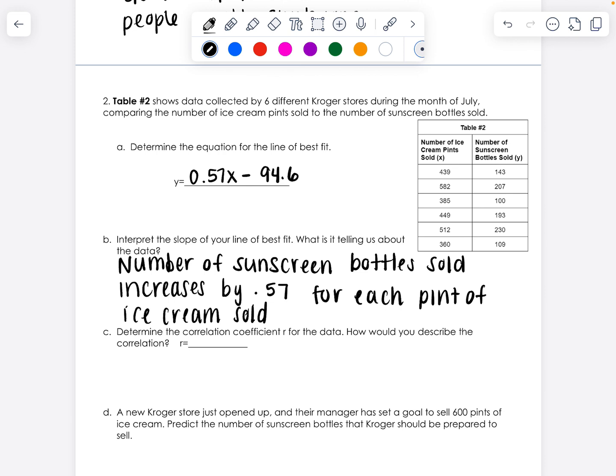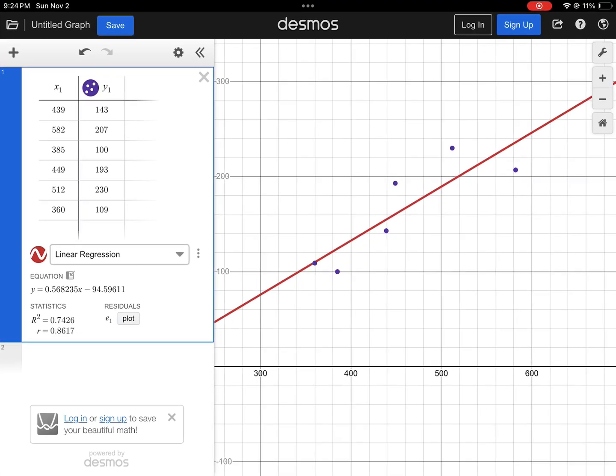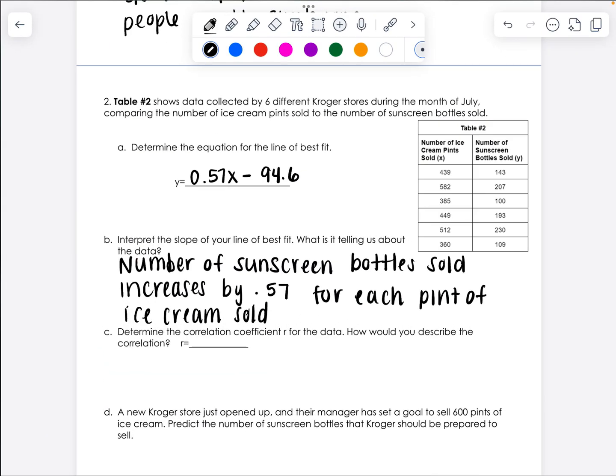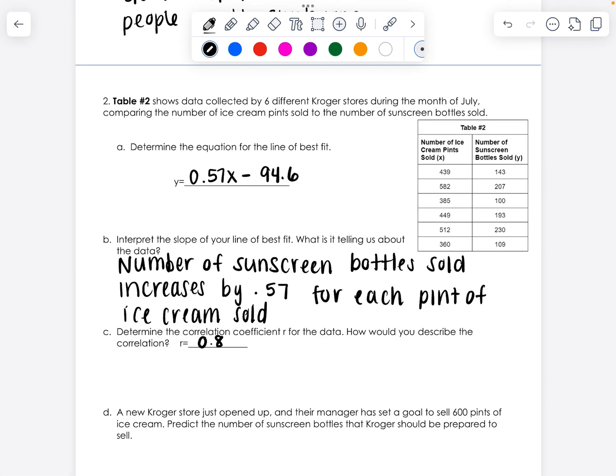Then we need to figure out what is the correlation coefficient. And you can look back, remember you're looking at that little r, not r squared, and that's 0.86. And we want to know, what does that mean?